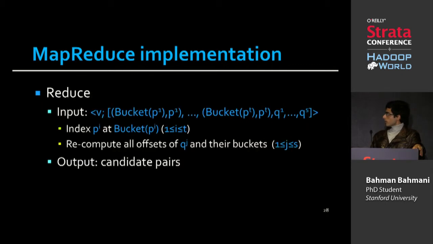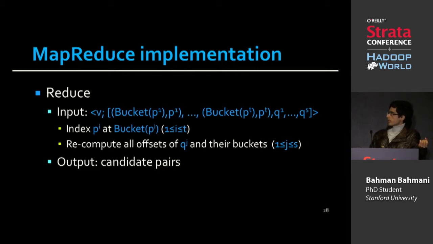Then in the reduce, for each value V, we are going to get all the data points whose bucket maps to V when G applies to the bucket, and all the query points which have at least one offset whose bucket maps to V using the second hash function G.